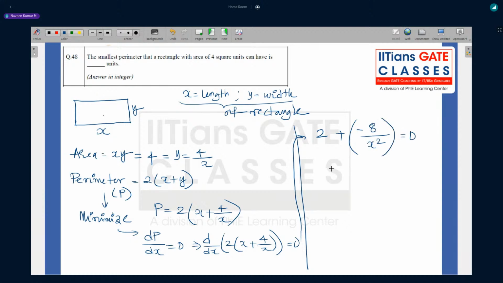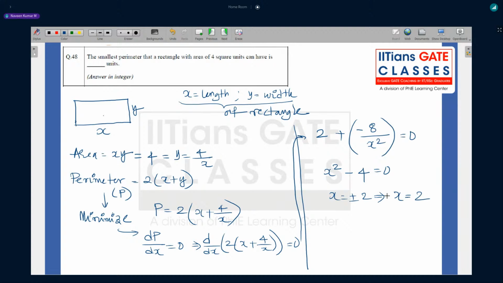Right. So from here I can say 2 gets cancelled. So if I take 2 common, this is x square minus 4 is equal to 0, so 4 will be left, right? So from here I can say x is equal to plus or minus 2, but I will take x is equal to plus 2 because there is no negative length. Negative length or width is not possible, right?